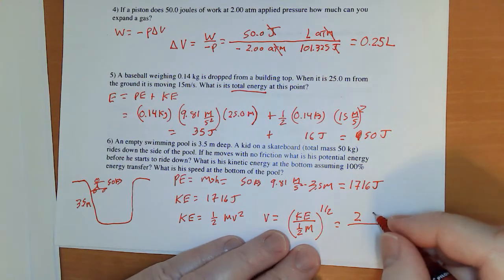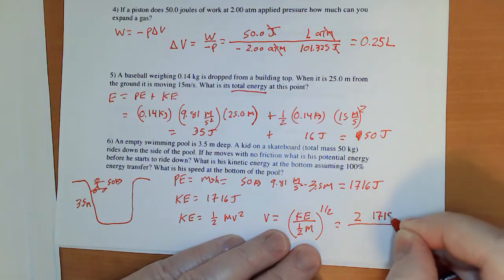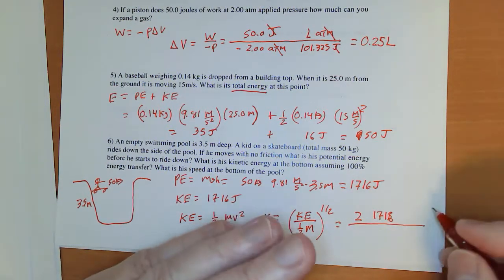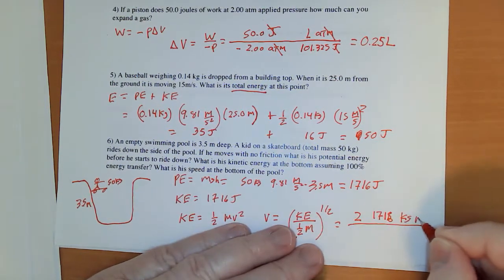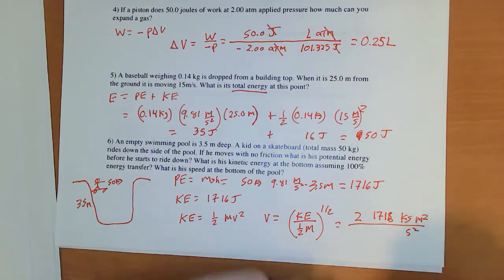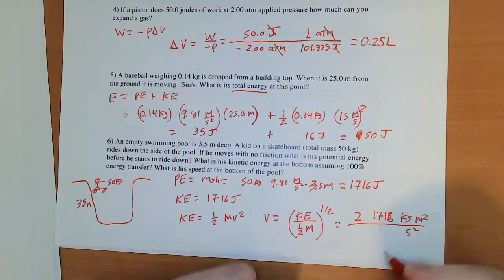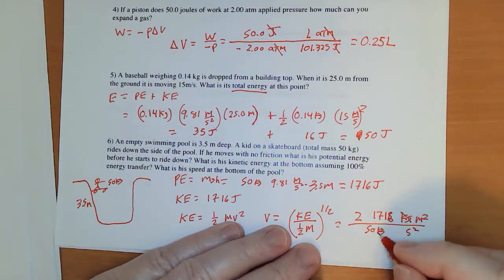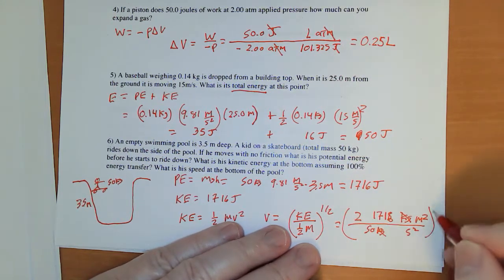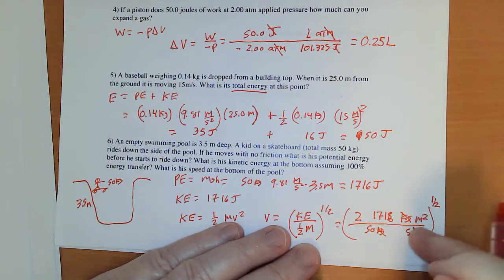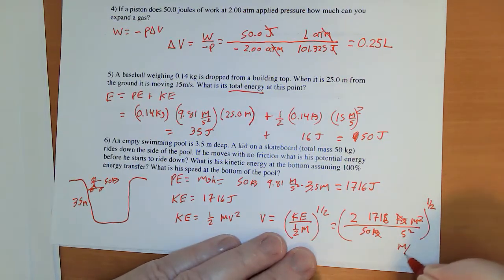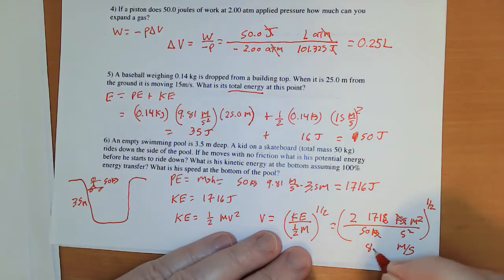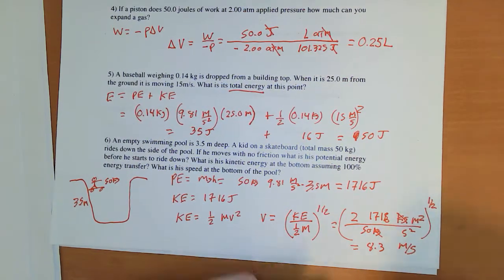That's a 2 times 1716. Now that's in joules, so that's a kilogram meter squared over second squared. And the kid weighed 50 kilograms. So kilograms cancels kilograms. And when I take the square root, meter squared over second squared just becomes meters per second. And that is about 8.3 meters per second.